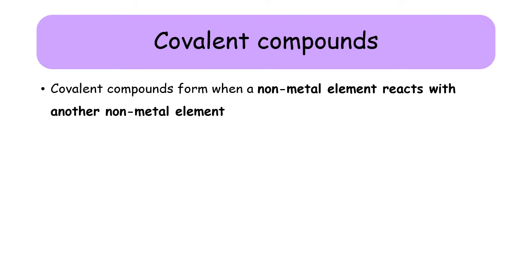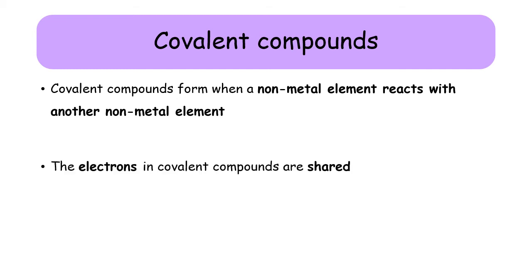Covalent compounds form when a non-metal element reacts with another non-metal element. And in these compounds, the electrons are shared between the two elements. And examples are things like hydrogen oxide, hydrogen and oxygen, both non-metals, or sulfur chloride. Sulfur is a non-metal, chlorine is a non-metal. So that is a covalent compound.